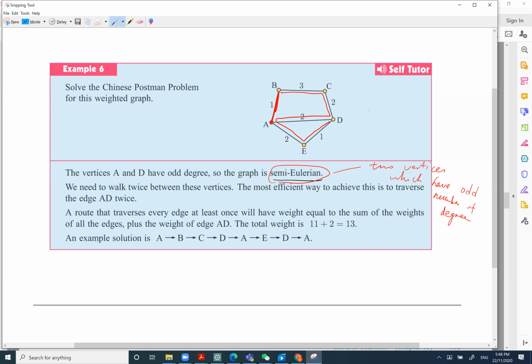You can say it's a path, so it passes through all the edges. But this question, the Chinese postman problem, is about going back to the original starting point. You need to go back to the starting point.